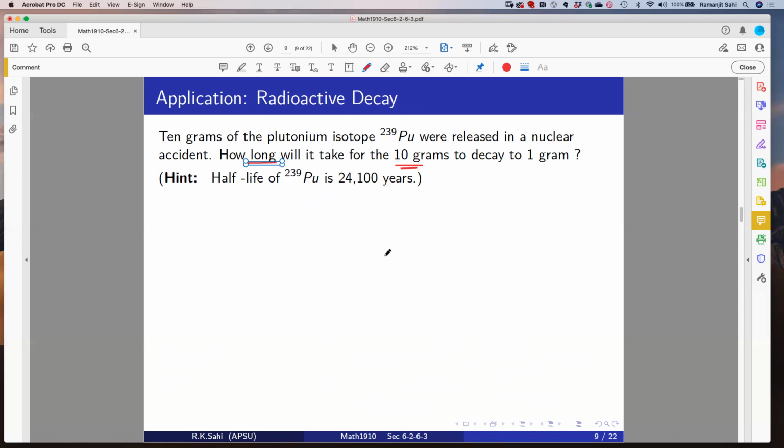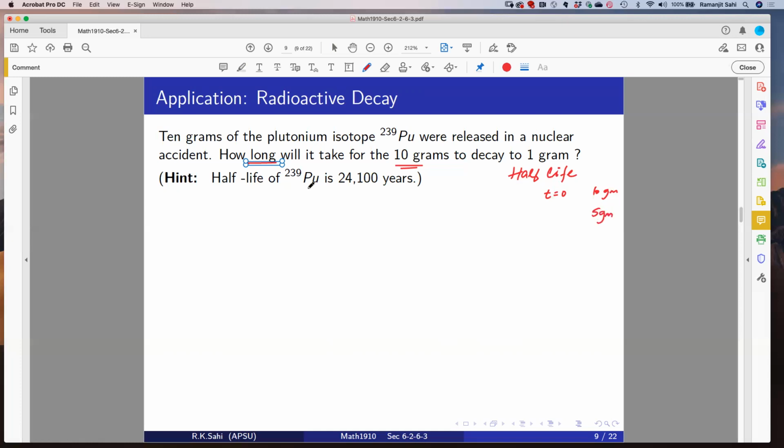Okay, half-life. Let me explain what half-life is first before I start with the problem. Half-life means that as of today, the plutonium is 10 grams. So half-life means how much time does it take to become 5 grams?